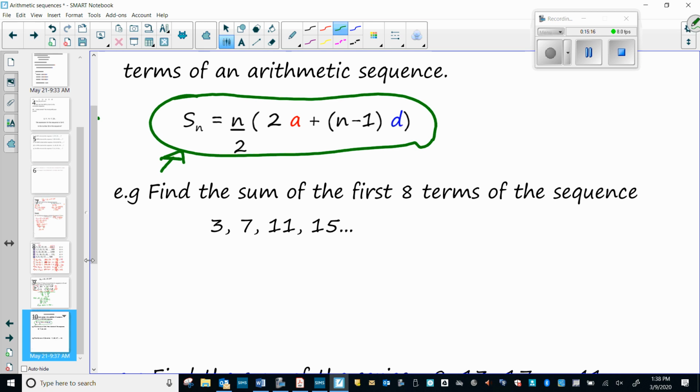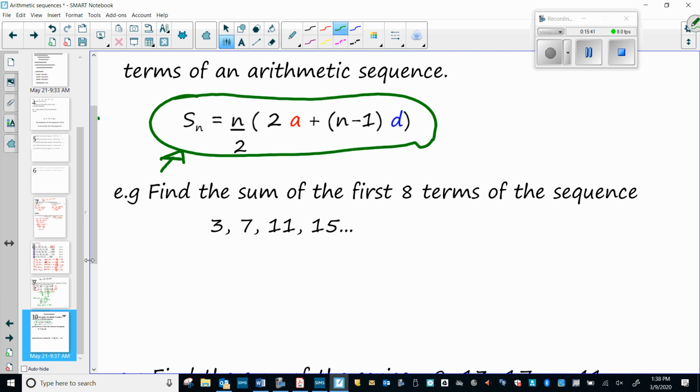I'm not showing you that because I don't think it's that important, and because you get given the formula as well. But basically, you can see that the number of terms is divided by 2. You've got 2 lots of the first number plus n minus 1 lots of d, and you're multiplying that by the number of terms divided by 2. So we need to establish the value of n, a, and d if we're going to do this.